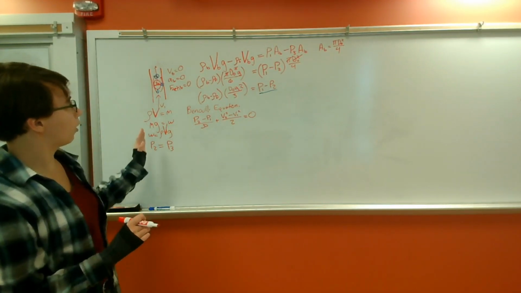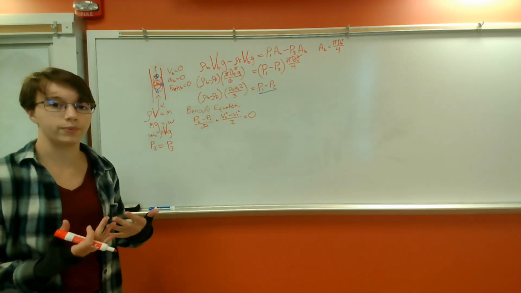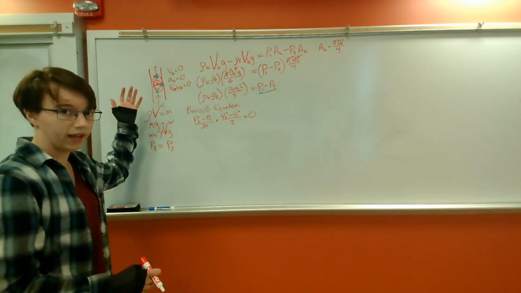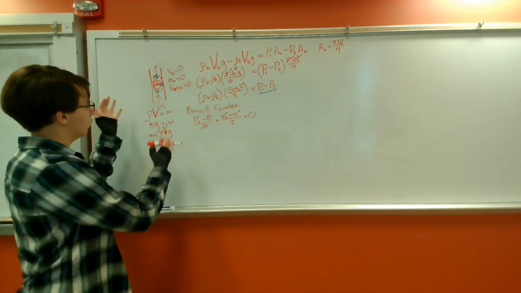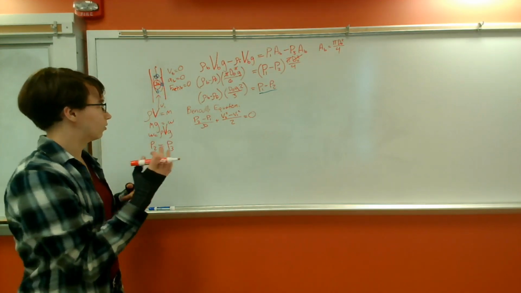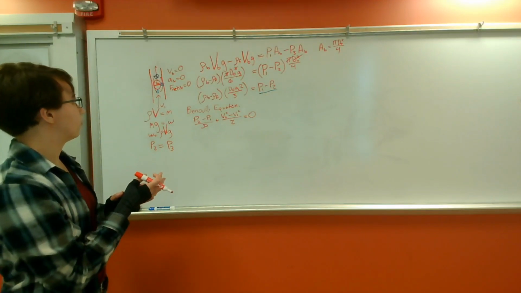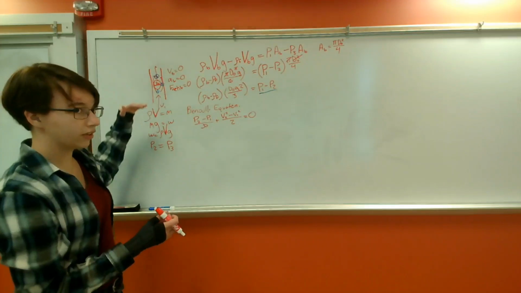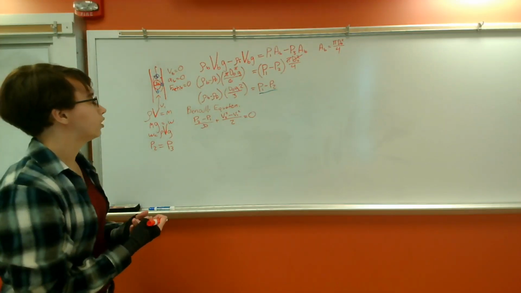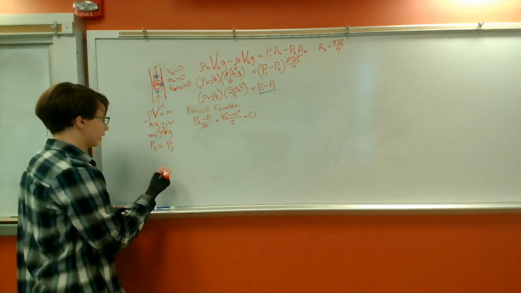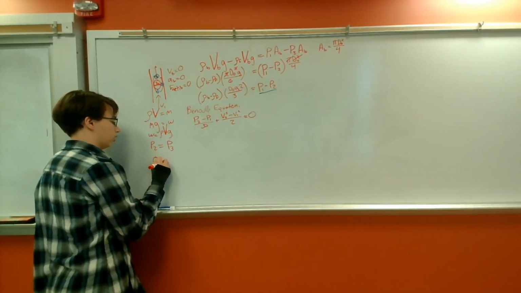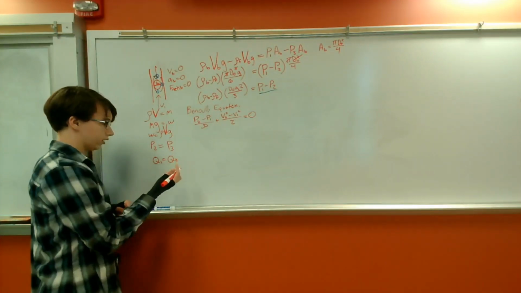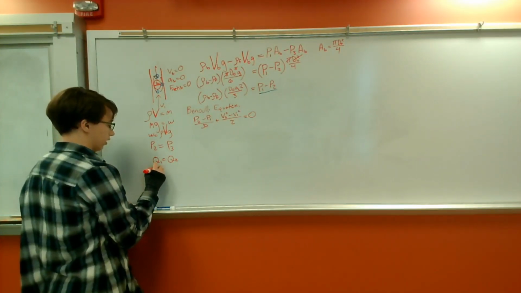So the flow rate at 1 and the flow rate at 2 are going to have to be equivalent because of conservation of mass. We don't have any of this fluid accumulating anywhere or being let out anywhere. Mass that goes in is going to have to come out, and therefore the flow rates are going to have to be the same. So we have that the flow rate at 1 is equal to the flow rate at 2, and then flow rate is velocity times area.